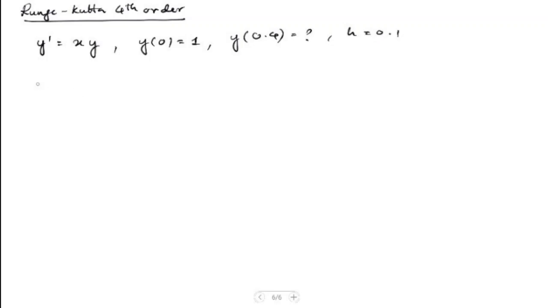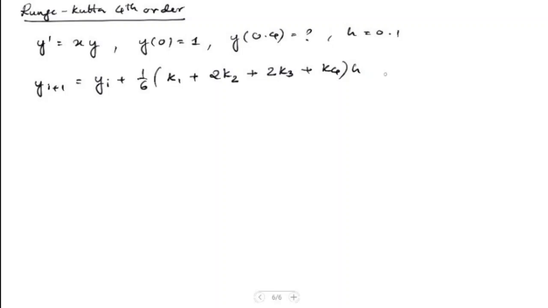So our equations for the Runge-Kutta method are y(i+1) is equal to yi plus 1 over 6 times (k1 plus 2 times k2 plus 2 times k3 plus k4) times h.